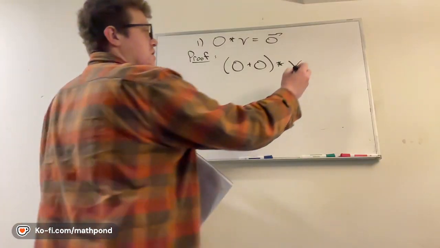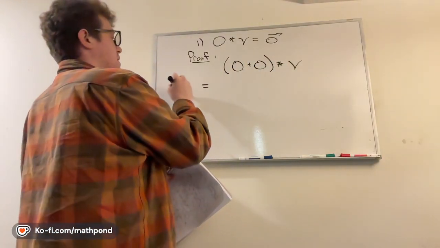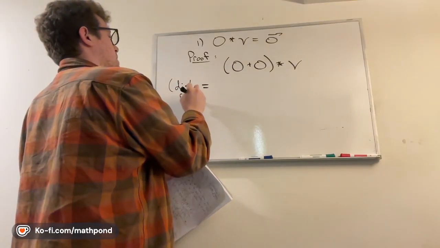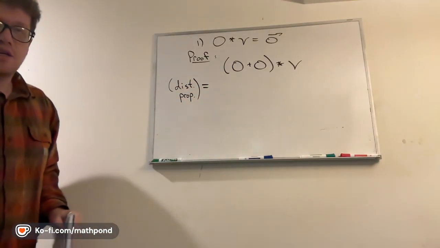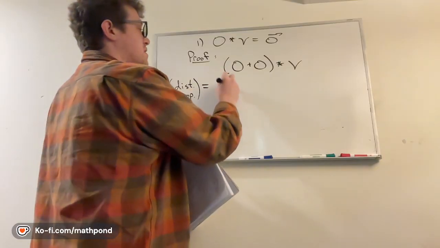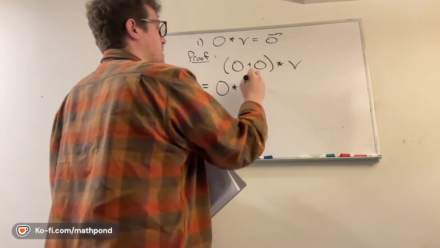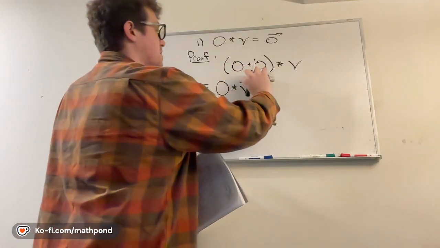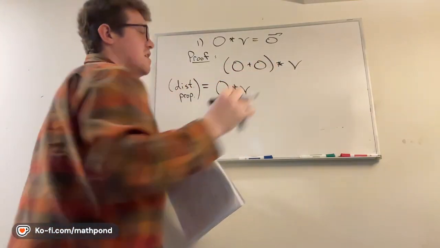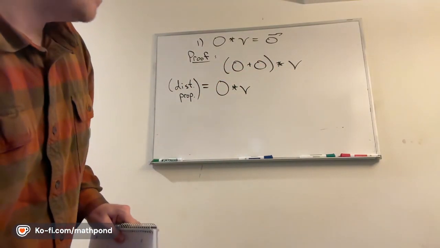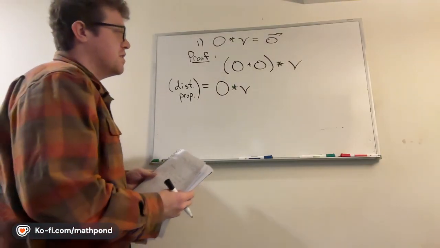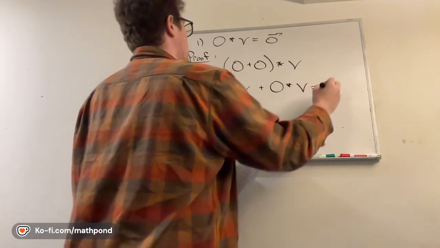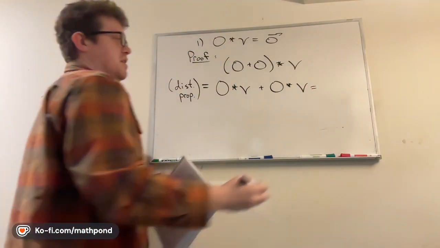Then I can use distributive property to distribute the two zeros, so I get 0 times v plus 0 times v is equal to 0 times v.